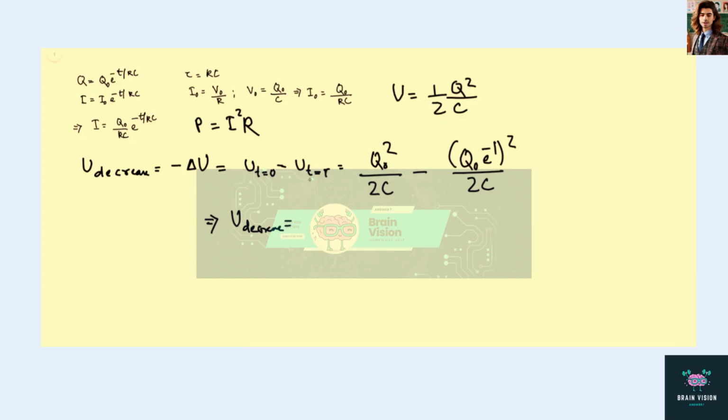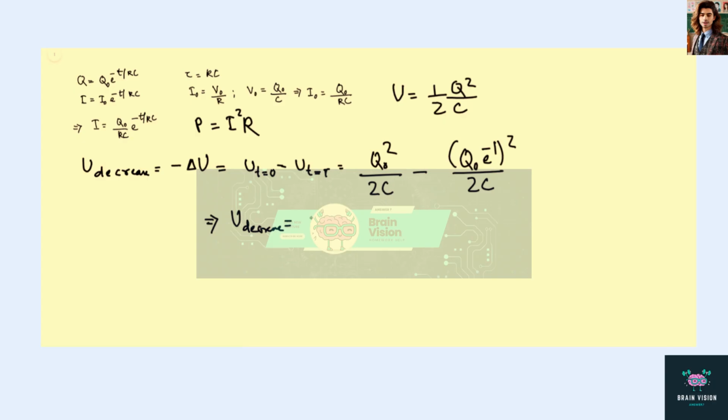So U at t equal to tau is the final potential energy, and U at t equals 0 is the initial potential energy, just like the common case. But since there is a negative sign here, the signs get changed, and finally we have U at t equals 0 minus U at t equals tau. So that's what we did.